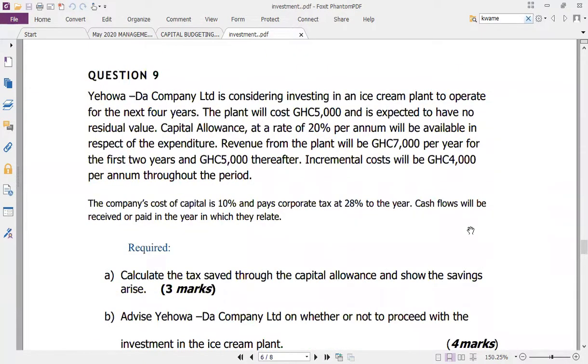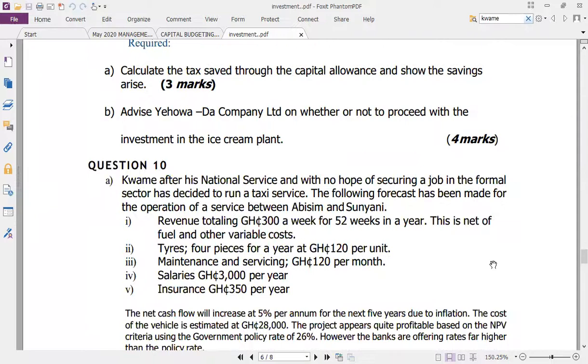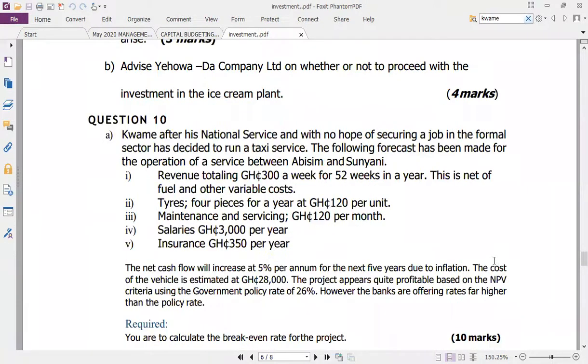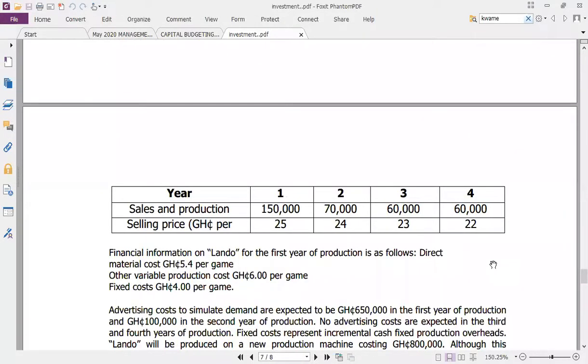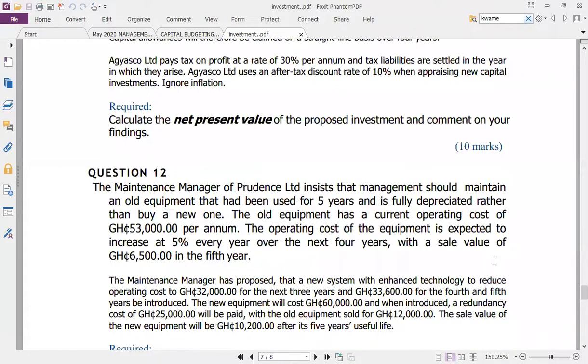Try that one also. It's very good. Then from there we go to Kwame. Kwame, we've done it, but still go through. Ajasco, that's November 2017. We've done it. That's the first example that we solved.